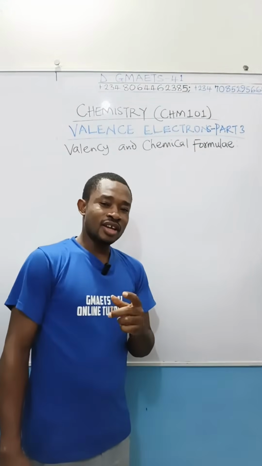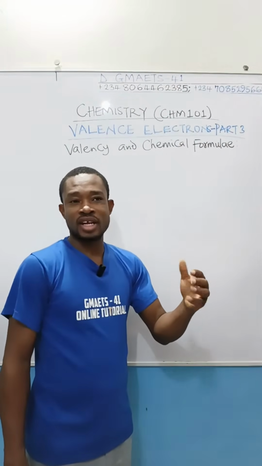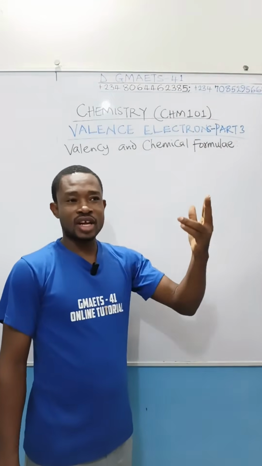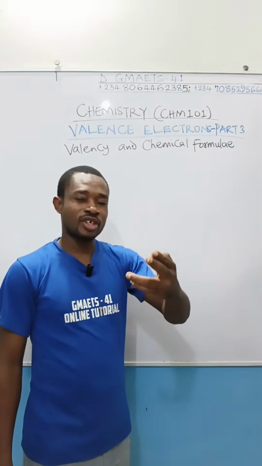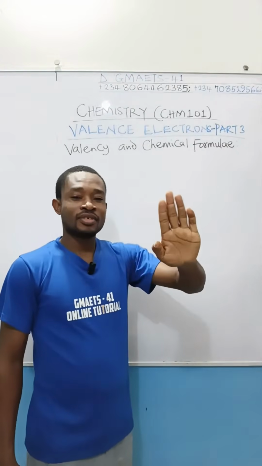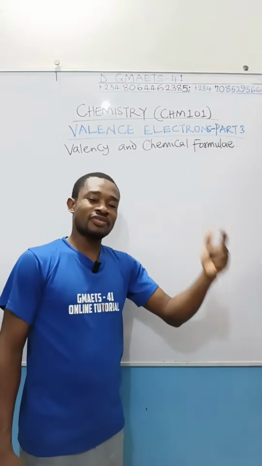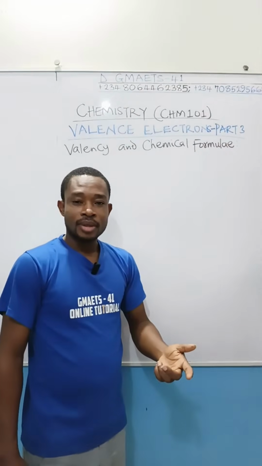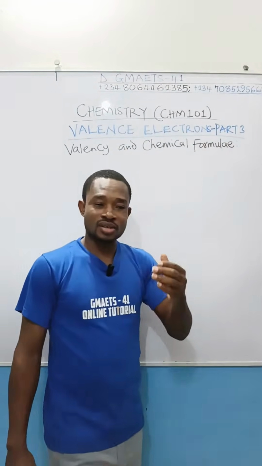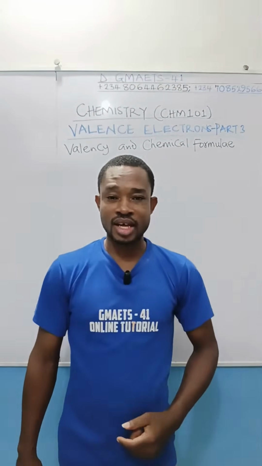In that last class, I remember that I eliminated the valency of carbon, silicon, helium, neon, and argon, five of them. Then I told you to work on the valency of the rest 15. The reason I eliminated these 5 is because they are not much of our problems, and I told you their valency in that last class.